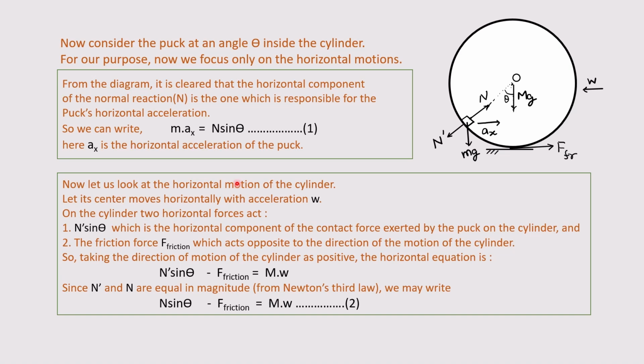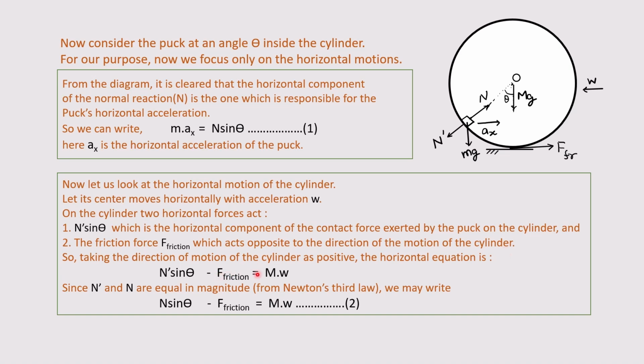Now we focus on the horizontal motion of the cylinder. On the cylinder, there are two horizontal forces which act. The first is N prime sine theta, which is the horizontal component of the contact force exerted by the puck on the cylinder, and the second is the frictional force, which acts opposite to the direction of the motion of the cylinder.